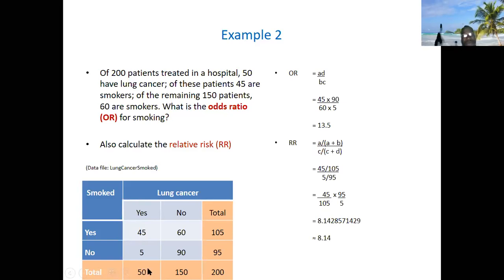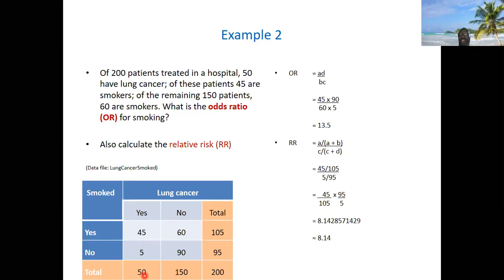Now, out of the 50 that developed lung cancer, how many were smoking? 45. So you cannot calculate risk here. What you can do is calculate the odds of smoking among the people that have lung cancer.